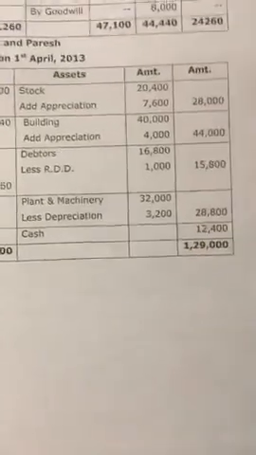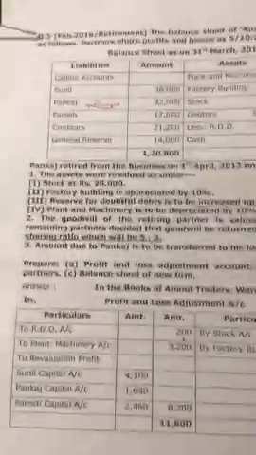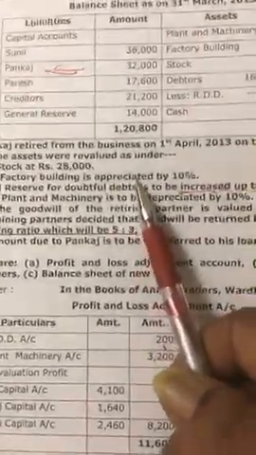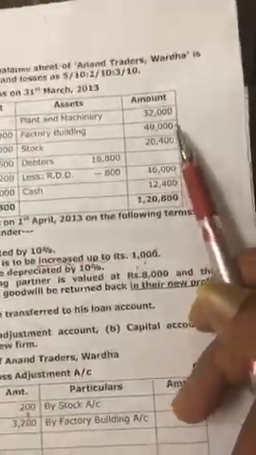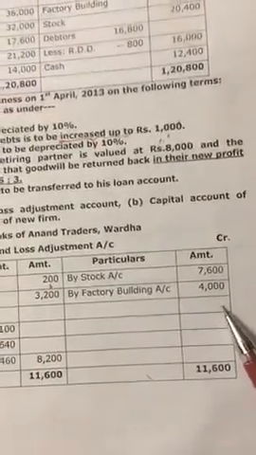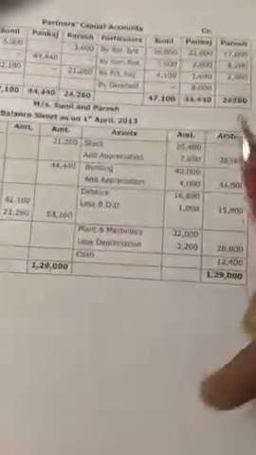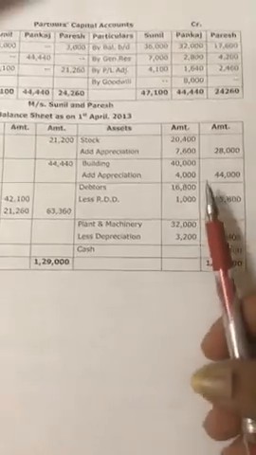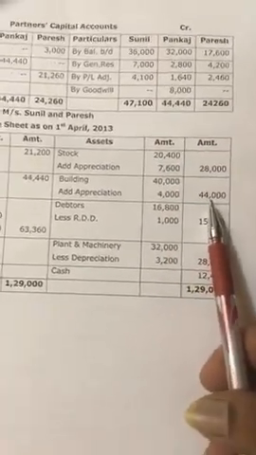Next adjustment is regarding factory building. Factory building is to be appreciated by 10%. Factory building is 40,000. Appreciation by 10% is credited to the revaluation account, then it will be added in the new balance sheet: 4,000, in the outer column 44,000.